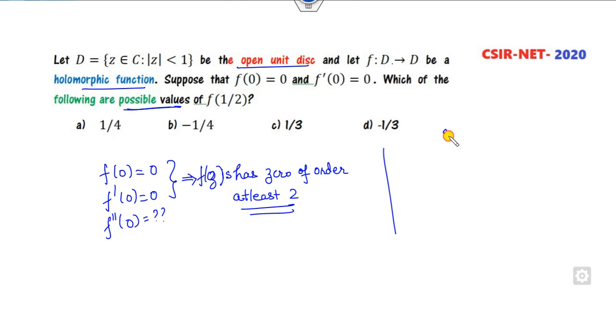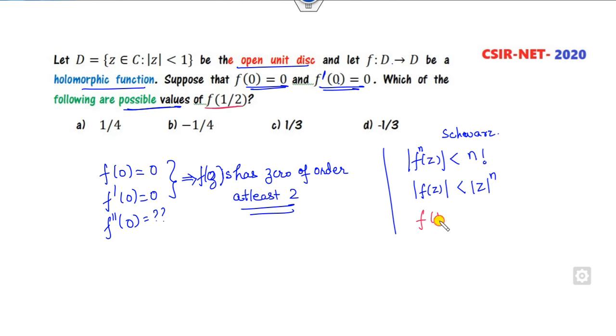Whenever the initial point is given to you, and the corresponding derivative is given at the same point, we always use the Schwarz inequality. If I say this is the nth, this is always less than n factorial, and so on. Now you can see the derivative here, but we need a value of the f of half.